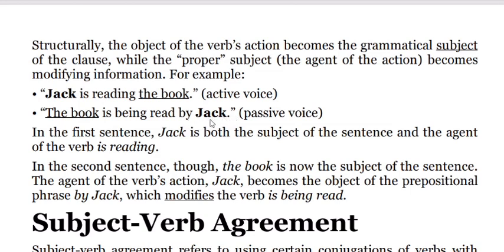In the first sentence, Jack is both the subject of the sentence and the agent of the verb reading. In the second sentence, the book is now the subject of the sentence, not the agent of the verb's action. Jack becomes the object of the prepositional phrase "by Jack," which modifies the verb is being read.